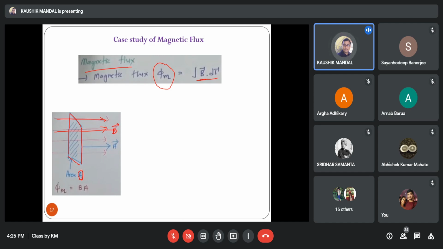If you consider the unit vector to this surface, that is A. So what is the angle between B and A?